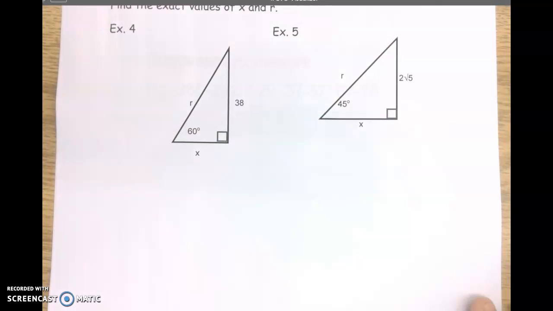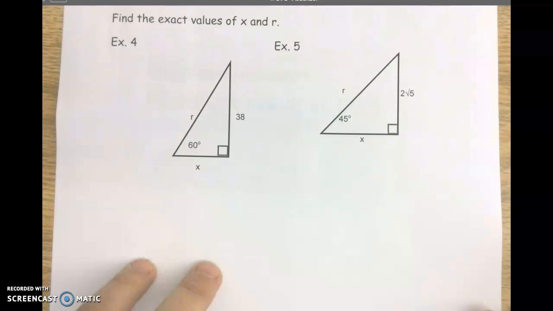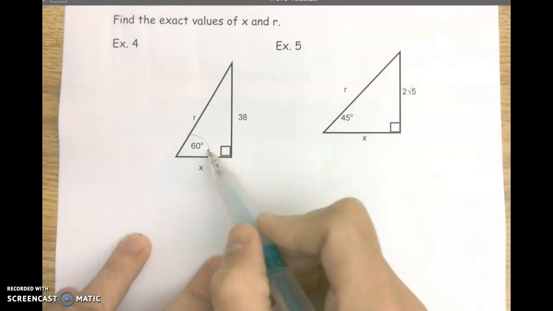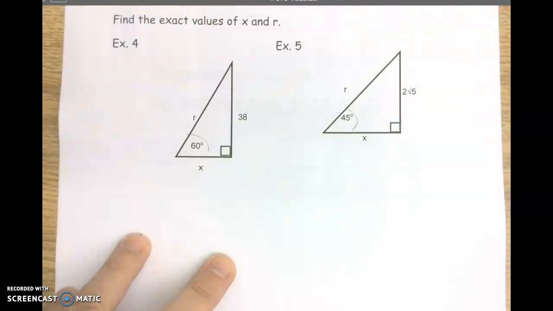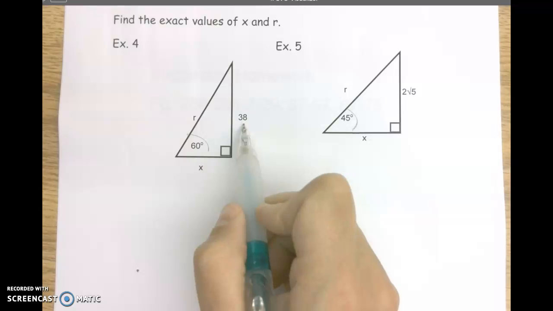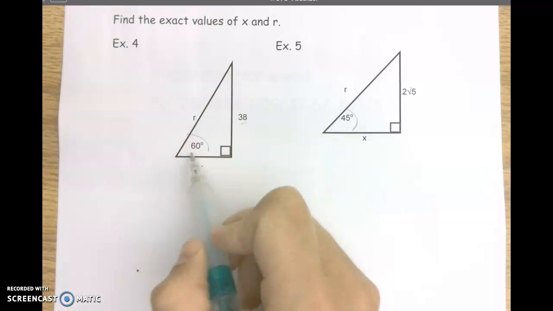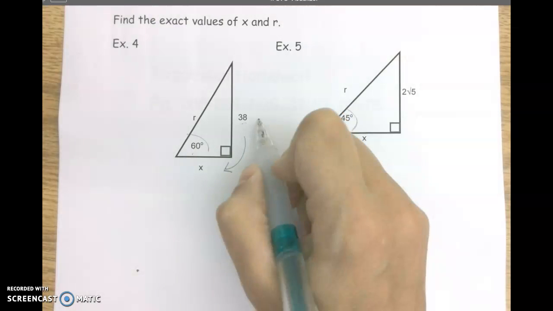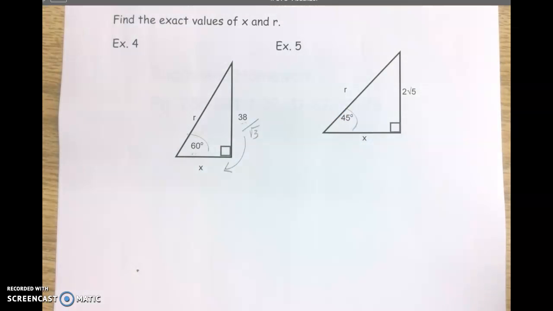All right, the next thing here is we're back to some more random triangles just on the page, but I noticed that these are special triangles, so I can use all those fun rules to find the exact values. Now, it gives me the long leg of a 30, 60, 90, so to go backwards, I'm going to have to divide by the square root of 3.